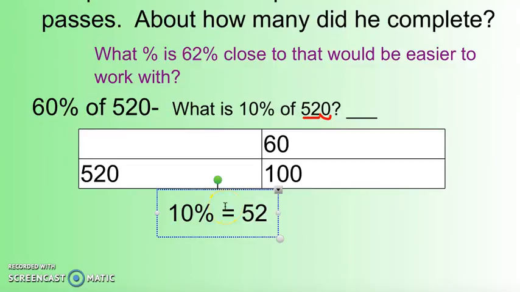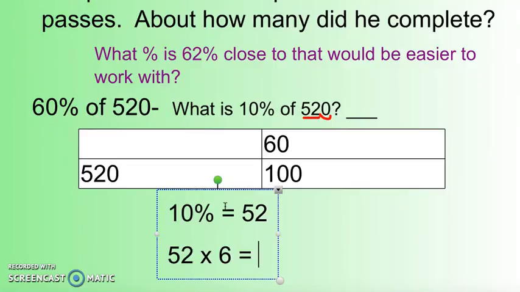What would I have to do? Yeah, just multiply by 6 because it's six times that amount. So if I take this and I multiply by 6, I get 312. So 60% of 520 is pretty close to 312.